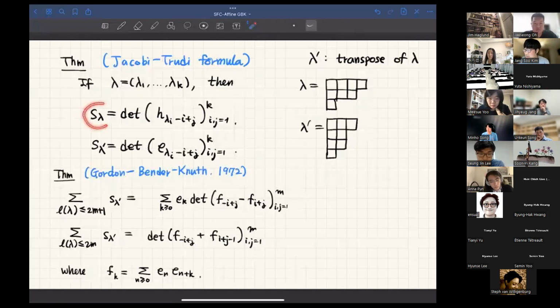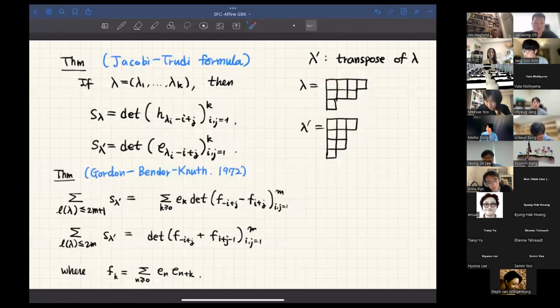So we can write Schur functions in terms of homogeneous or in terms of elementary. Here I use this notation lambda transpose, which is the Young diagram obtained by transposing the diagram about this diagonal. And so these are called Jacobi-Trudi formulas.